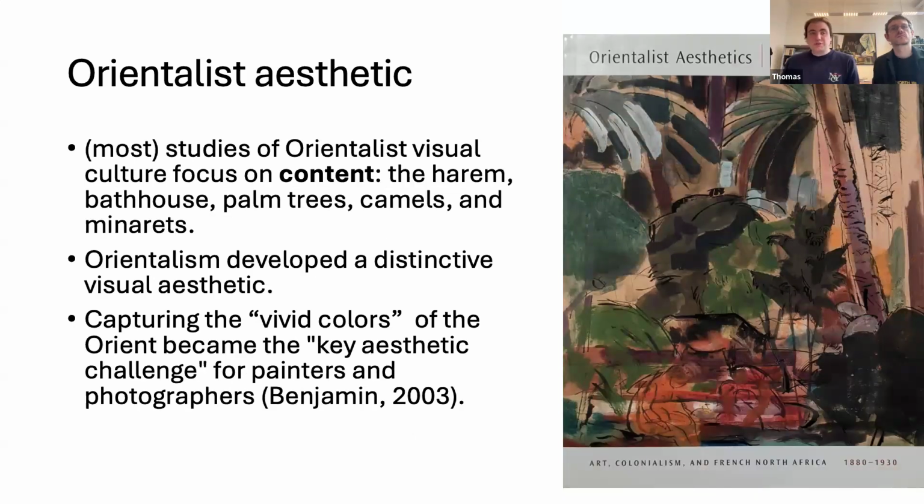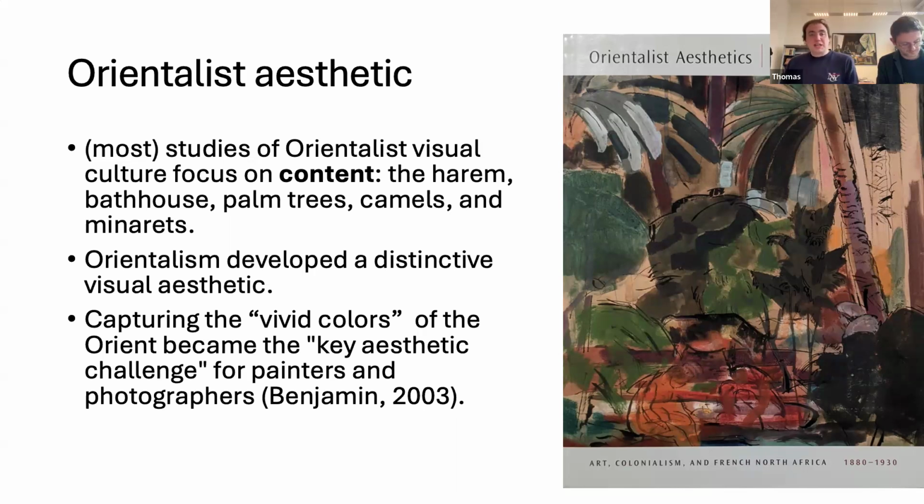And most studies of visual Orientalism focus very much on content, right? Both in painting and photography. So they talk about these themes that we see, like the harem, the bathhouse, the palm trees, the camels, the minarets, right? All these themes that we know from visual Orientalism. But in his wonderful book from 2003, Roger Benjamin also stated that Orientalism developed a distinctive visual aesthetic, right?